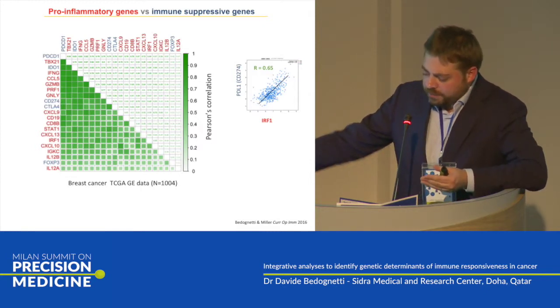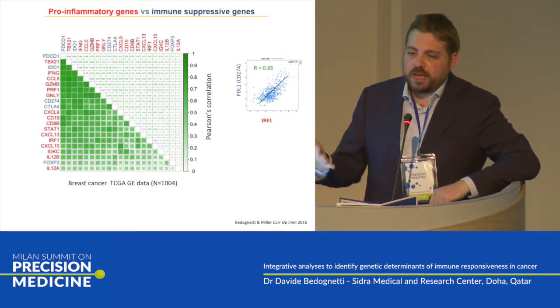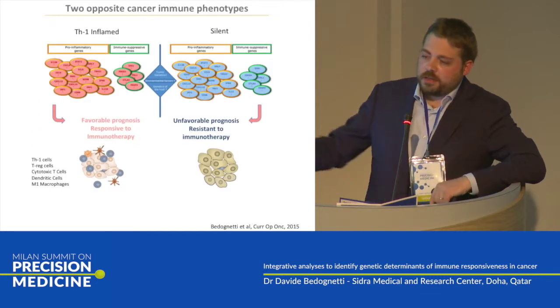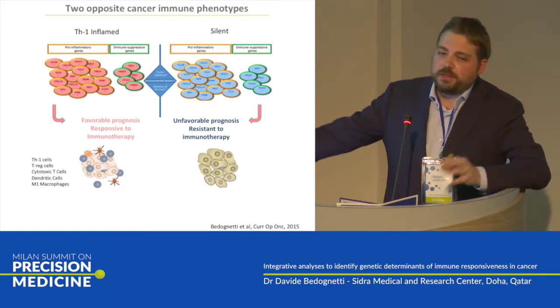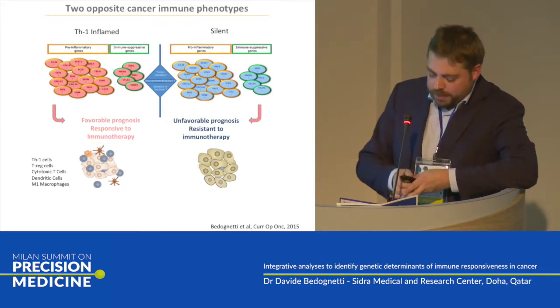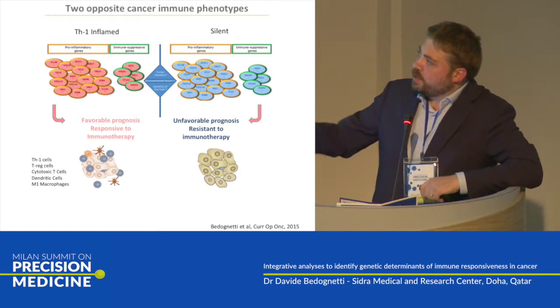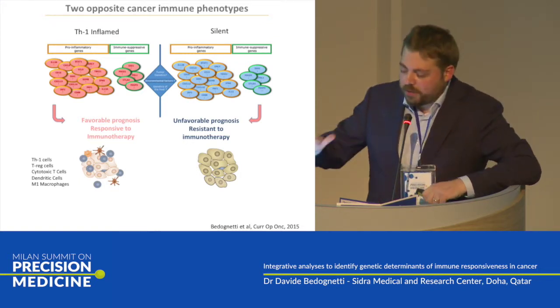So at the end, the tumors that are inflamed co-express pro- and anti-inflammatory genes. Based on this observation, we could speculate that tumors could be segregated into two different or opposite immune phenotypes. One is called inflamed, or Th1 inflamed, which displays the activation of pro-inflammatory genes and the counteractivation of immunosuppressive genes.